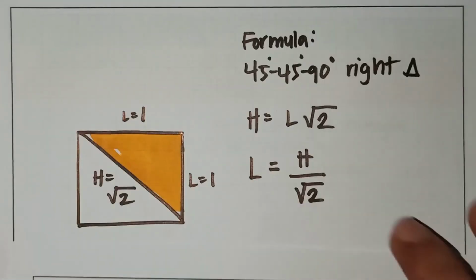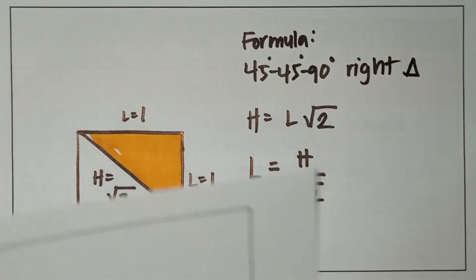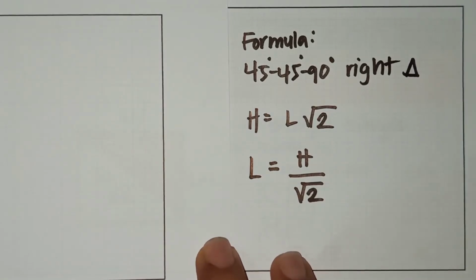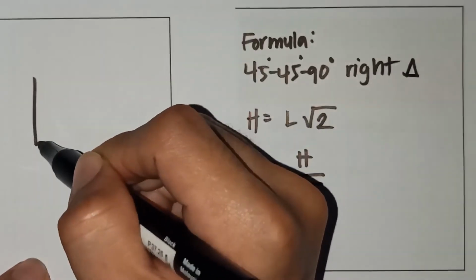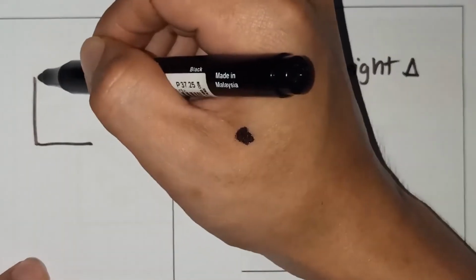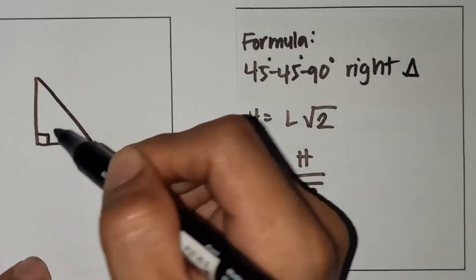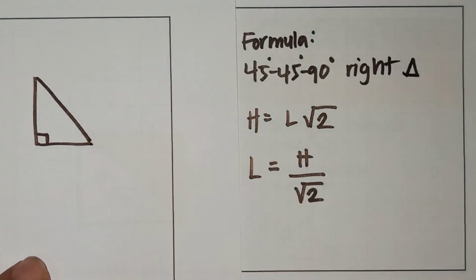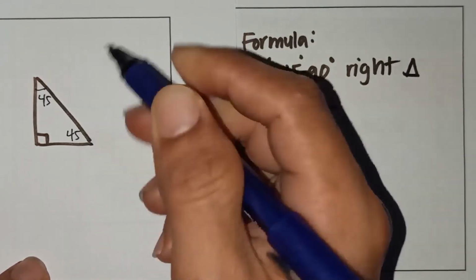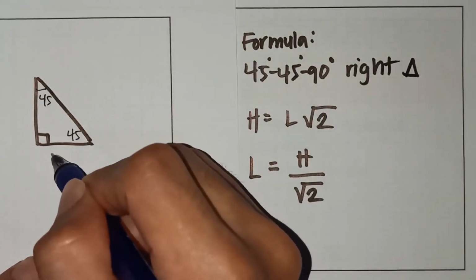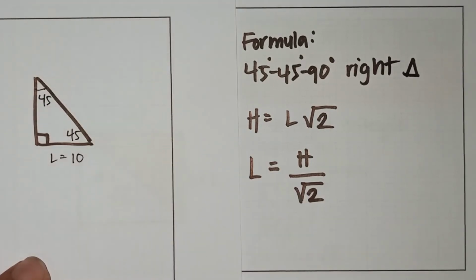For example, since this is the formula, let's say, for example, we have this figure. Let's say this is a 45, 45, 90 triangle, and the leg is 10.